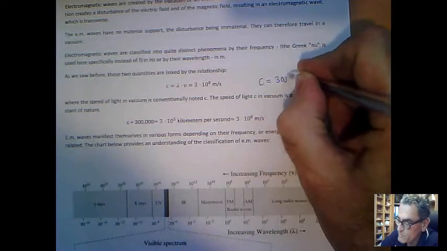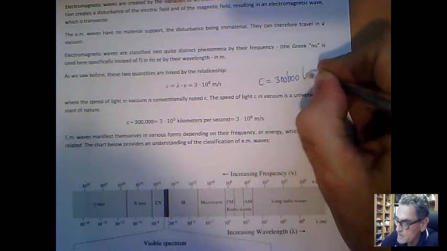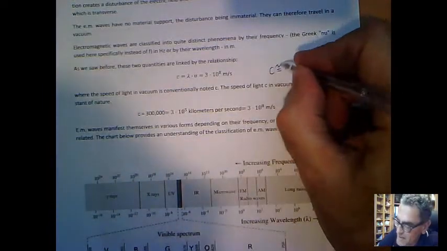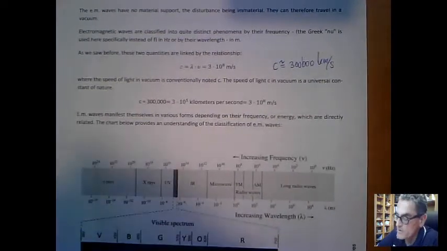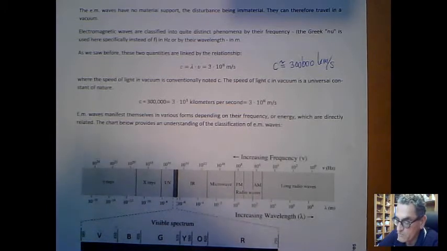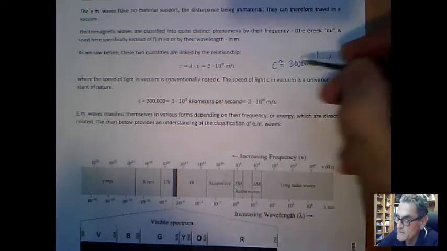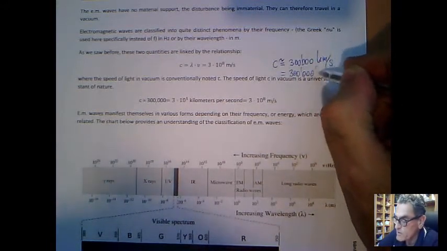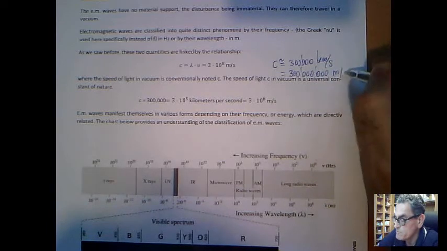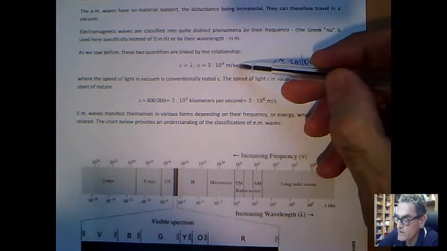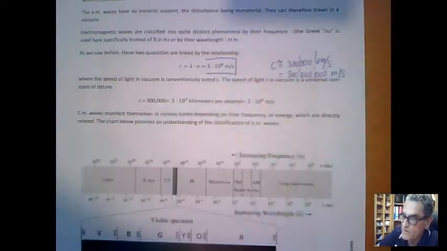So in more usual units, it's 300,000 kilometers per second. It's not exactly 300,000, it's 299,900 something. So this approximation of 300,000 is a good approximation. So it's 300 million meters per second, and 300 million is 3 times 10 to the power 8. It's the value that you have here.